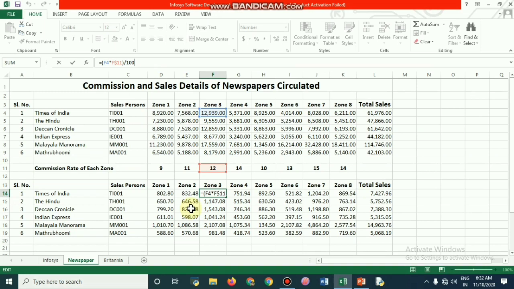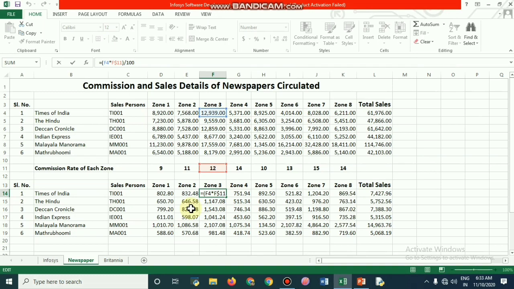So if you want to make a cell address change or to stay constant, you have to put a dollar sign in front of the row number or the column address or the column name, such as F, etc., accordingly.